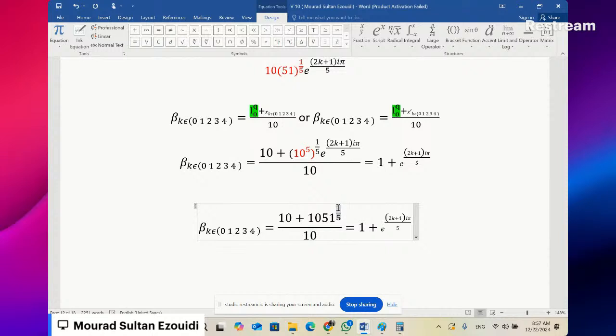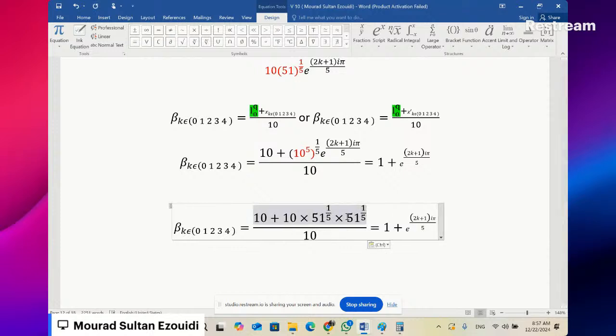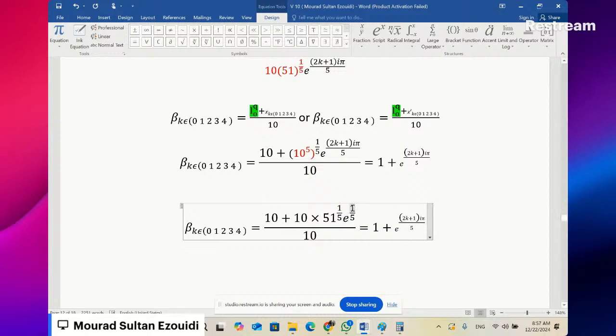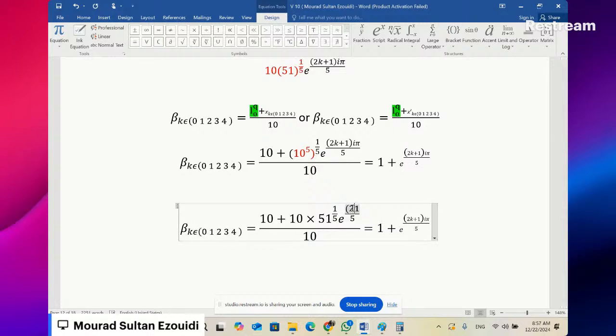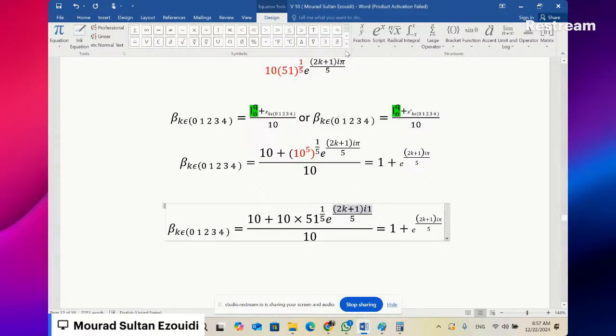And then, of course, we multiply. Exponential e raised to the power 2k plus 1 times I5 divided by 5.